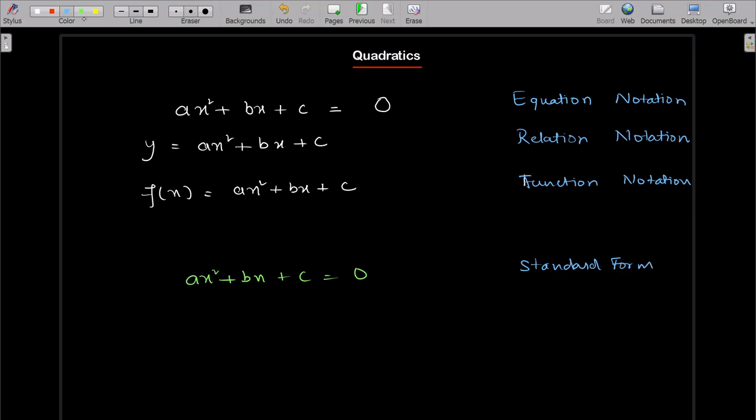Then we have the vertex form, which is given by x minus h whole square plus k equal to 0. Then we have the factored form, which is given by x minus p times x minus q equal to 0.